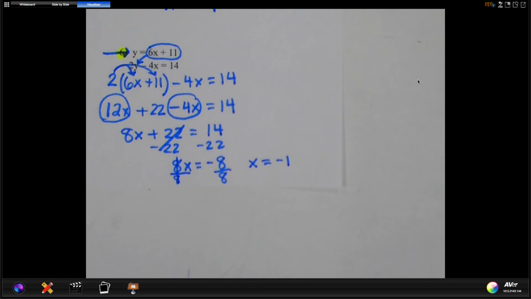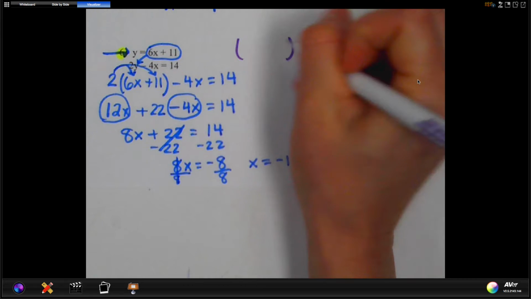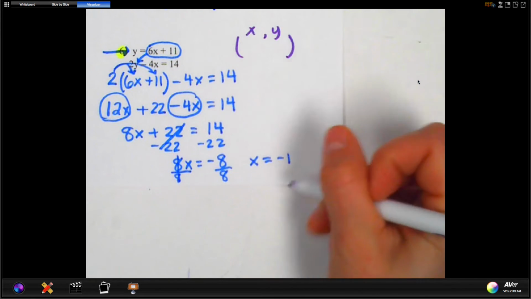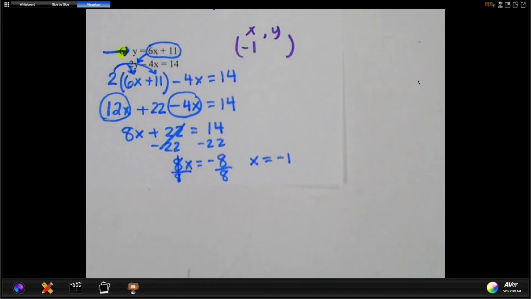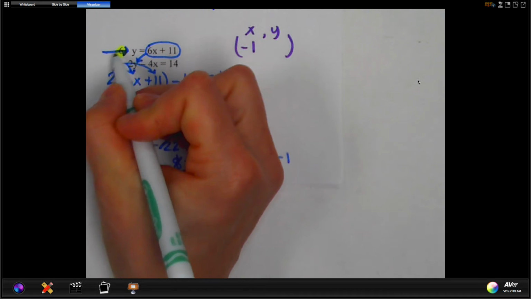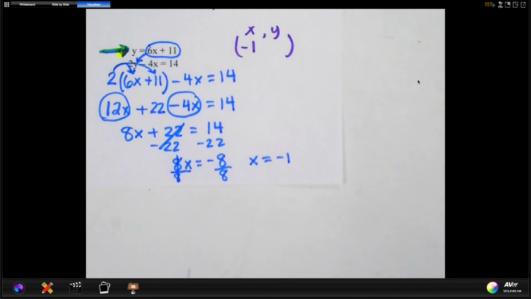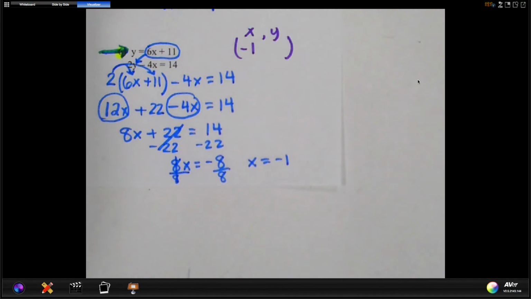Okay, so for our answer now, remember again, x comma y, so that's the first part of our answer, negative 1. How do we get the second part of our answer? We go back to the original equation, the one we started with, even though it's longer. And we're going to rewrite it.